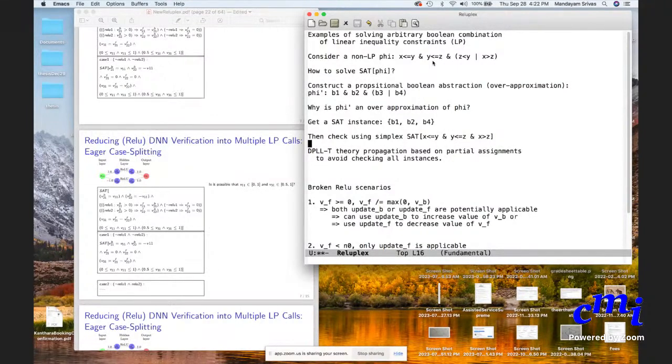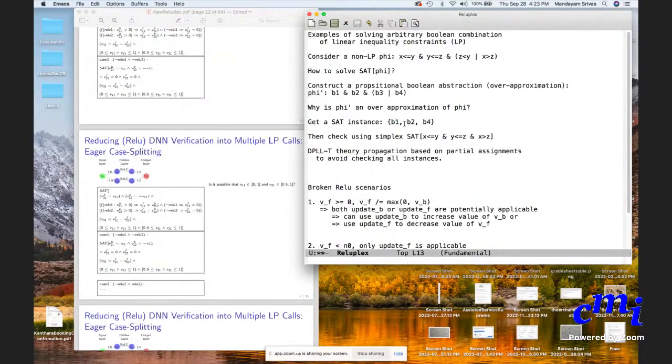You do theory propagation to learn new facts based on the partial assignments you have so far, and you can add them as learned clauses. In this case, if you add x less than or equal to z, then immediately you see this will reduce to false.